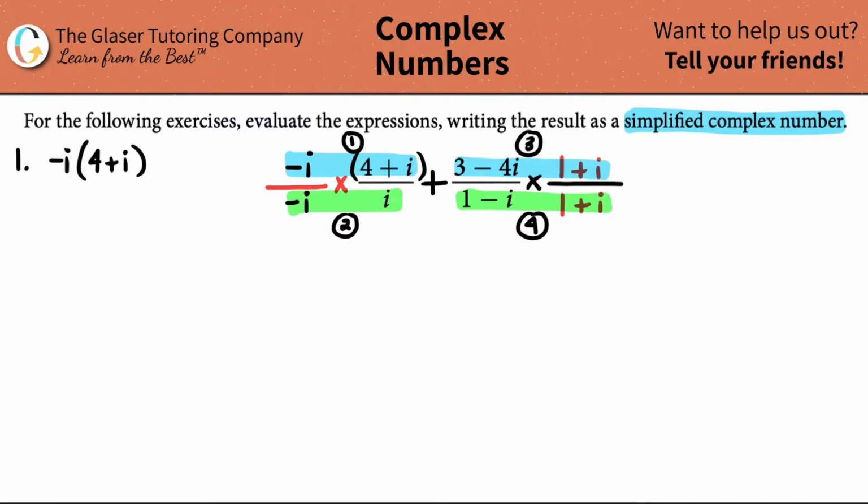Okay, let's get it going. This one, I just need to multiply this negative i by the 4 and by the i. So negative i times 4 is a negative 4i. And then negative i times i is a negative i squared.